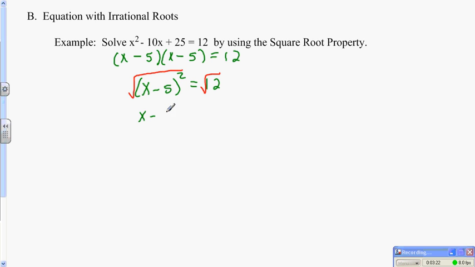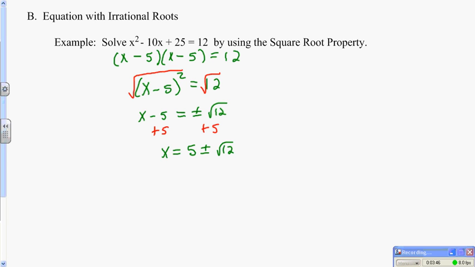Remember that when we square root, to get rid of a square, we have a plus minus. We add 5 to both sides. We get x equal to 5 plus or minus square root 12.